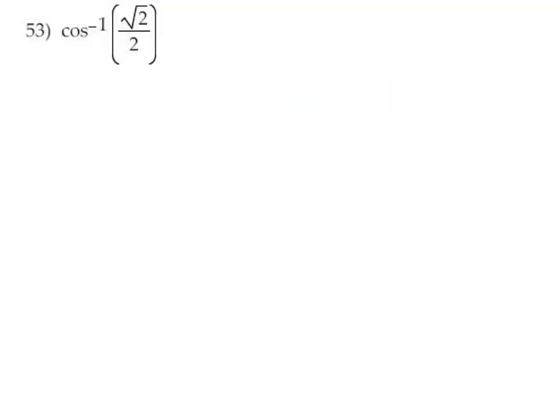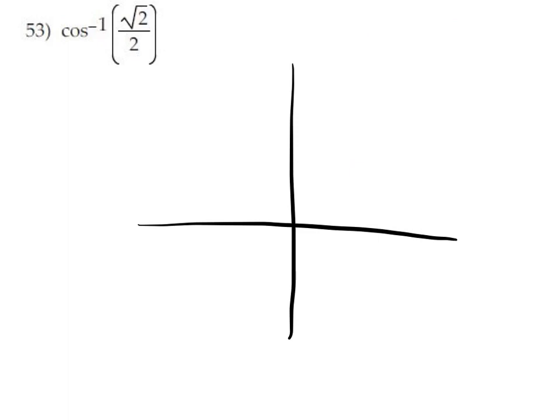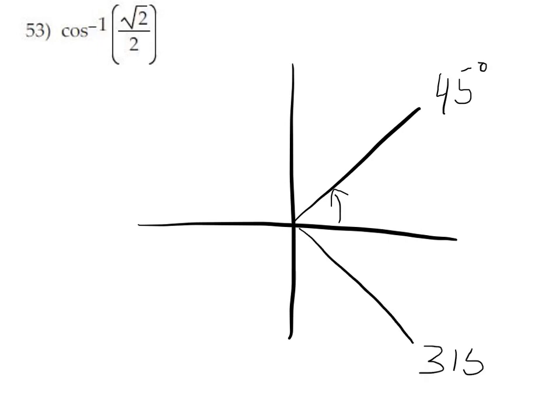Arc cosine of square root 2 over 2. So where is cosine square root 2 over 2? That happens at 45 degrees. It also happens at 315 degrees, in that quadrant as well, because all students take calculus tells us that cosine is the only positive one in quadrant 4.